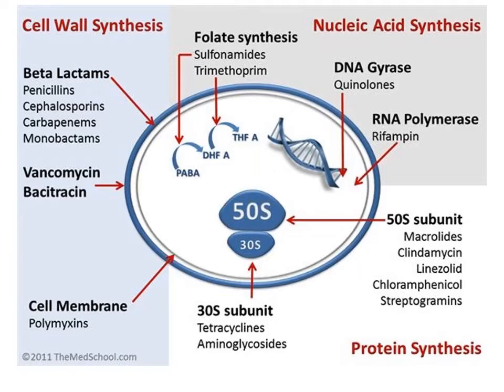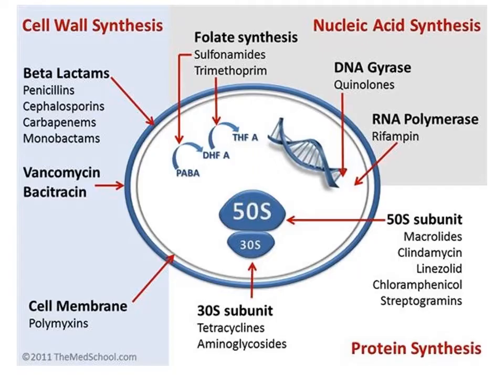Another mechanism is inhibition of nucleic acid synthesis, either inhibition of RNA polymerase, like rifampin, or inhibition of DNA gyrase, DNA replication, inhibition of the helicases or topoisomerases. This is the action of quinolone antibiotics.